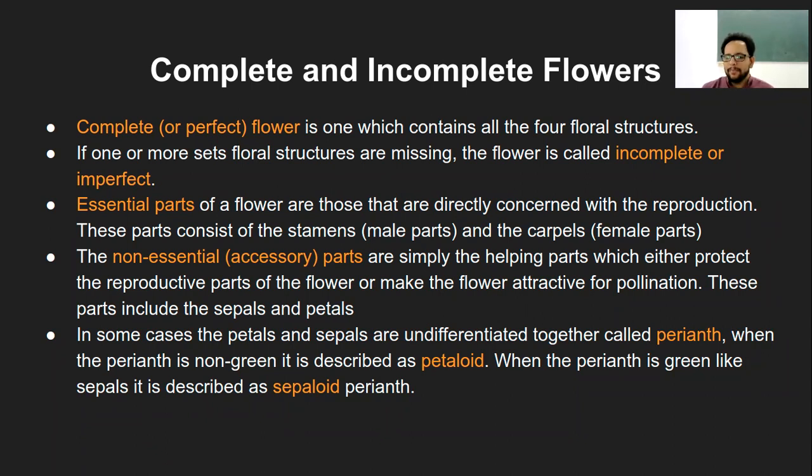And like you said, the bright color of those petals is majorly because of the function of pollination, to attract different insects. And the parts that are included in the non-essential or accessory parts are sepals and petals.